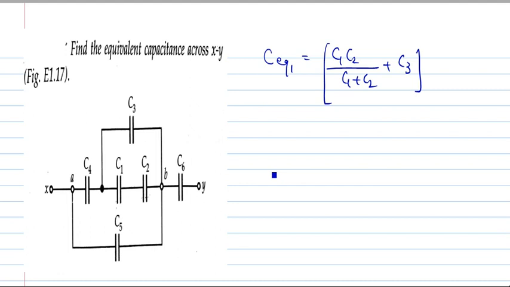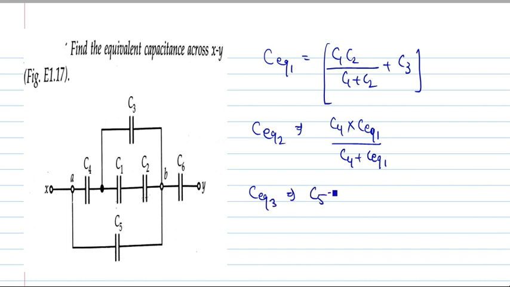Now we can see that this C equivalent 1 will come in series with C4. So let's take that combination as C equivalent 2. That will be equal to C4 into C equivalent 1 upon C4 plus C equivalent 1. Again, this combination will come in parallel with C5. So here C equivalent 3 is equal to C5 plus C equivalent 2.